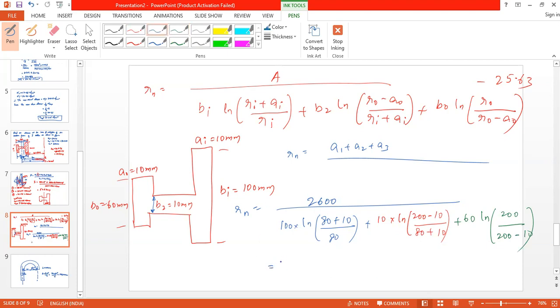So the answer is 116.445 mm. So Rn is 116.445 mm.